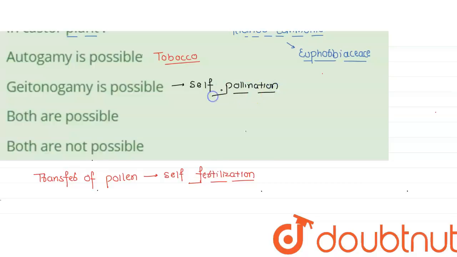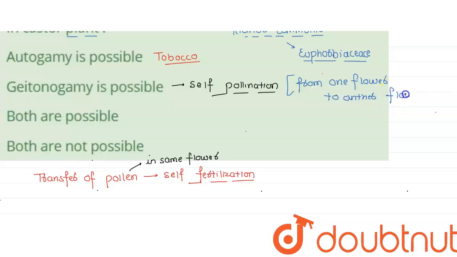As you already know, in autogamy, transfer of pollen grain happens in the same flower. But in the case of geitonogamy, it does not happen in the same flower. Yes, it happens from one flower to another flower of the same plant.